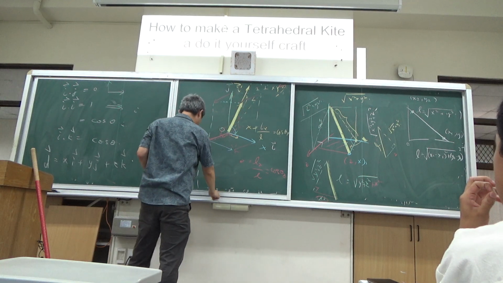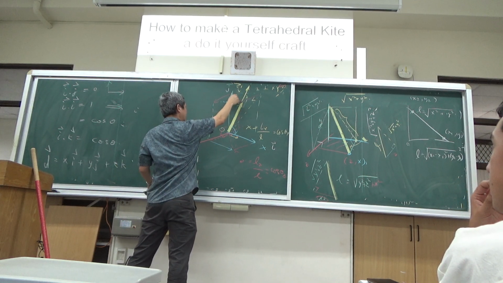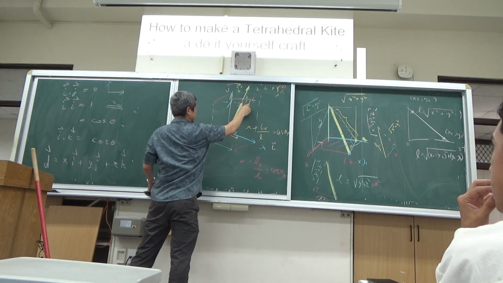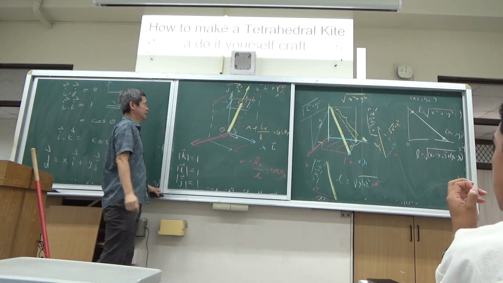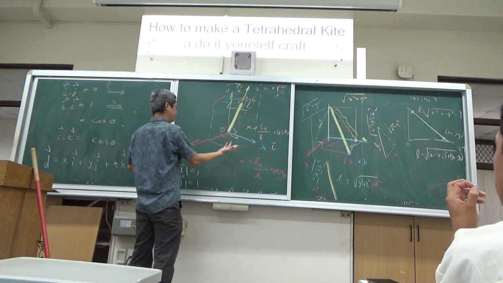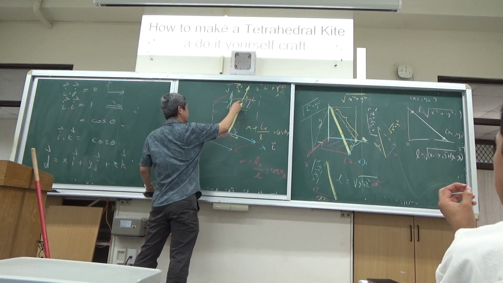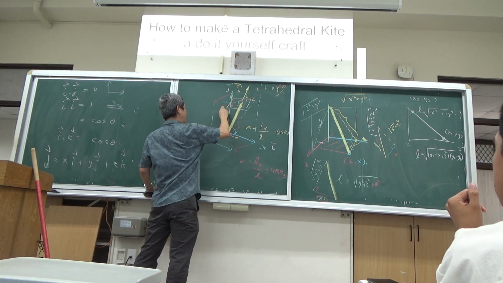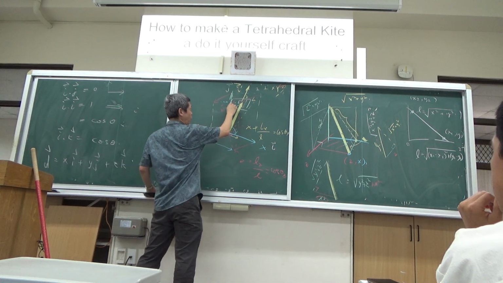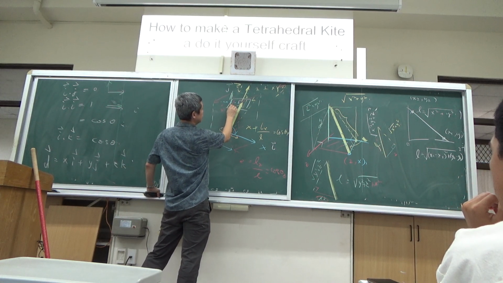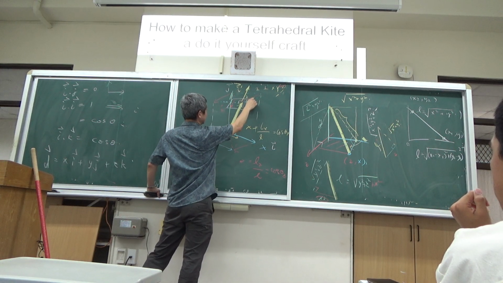And perpendicular to this, I could define a plane perpendicular to the axial axis. Depending on what you like, this could define the new k prime, and this could be your new j prime.